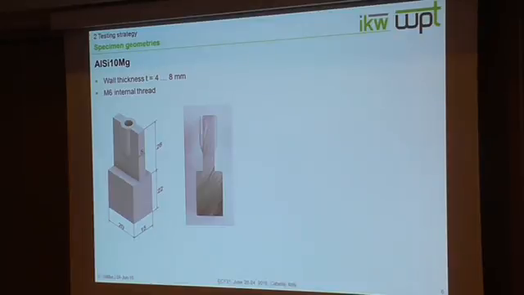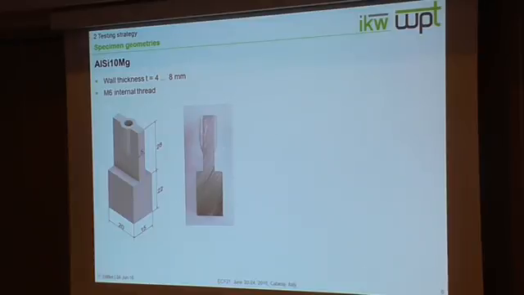In the first stage of this project, we correlated the wall thickness of the specimens with the mechanical properties. Here you can see an example where the wall thickness is about 5 millimeters, and it differs in the investigations from 4 to 8 millimeters. Here is also shown the internal thread with a nominal diameter of 6, so the nominal diameter is even larger than the profile thickness.